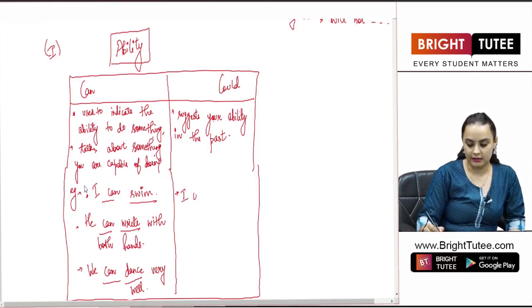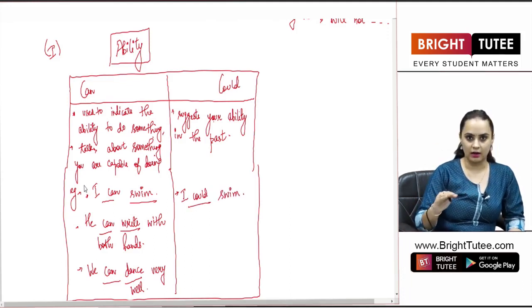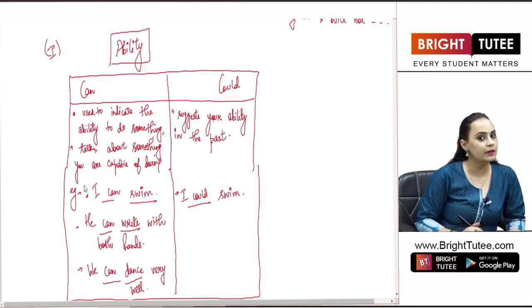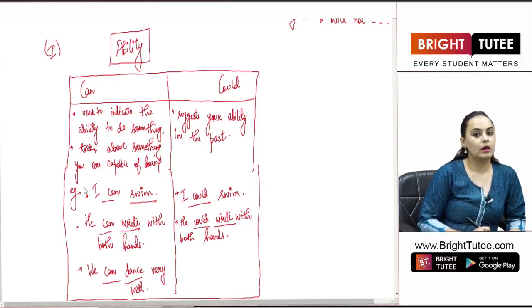If I write I could swim, it means that presently I can't, but in the past I was a very good swimmer. Similarly, if I say he could write with both hands. Now, what does it say?